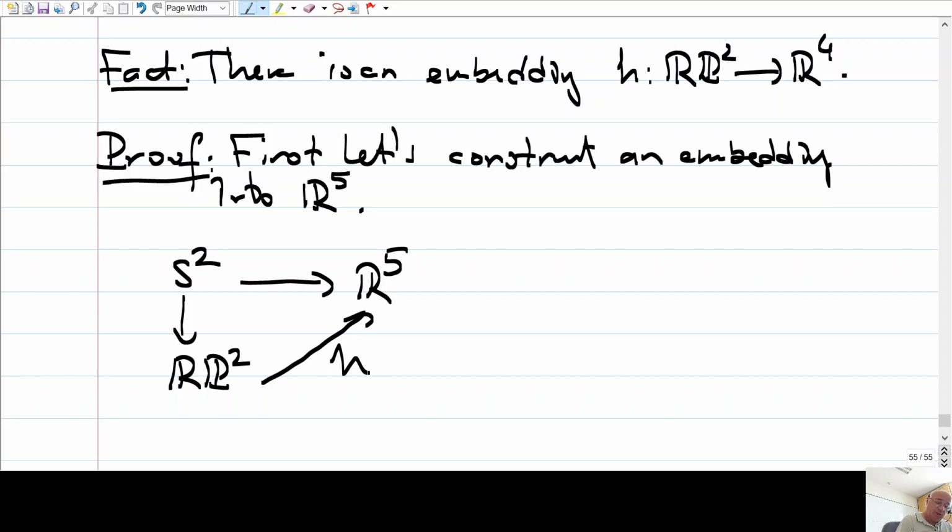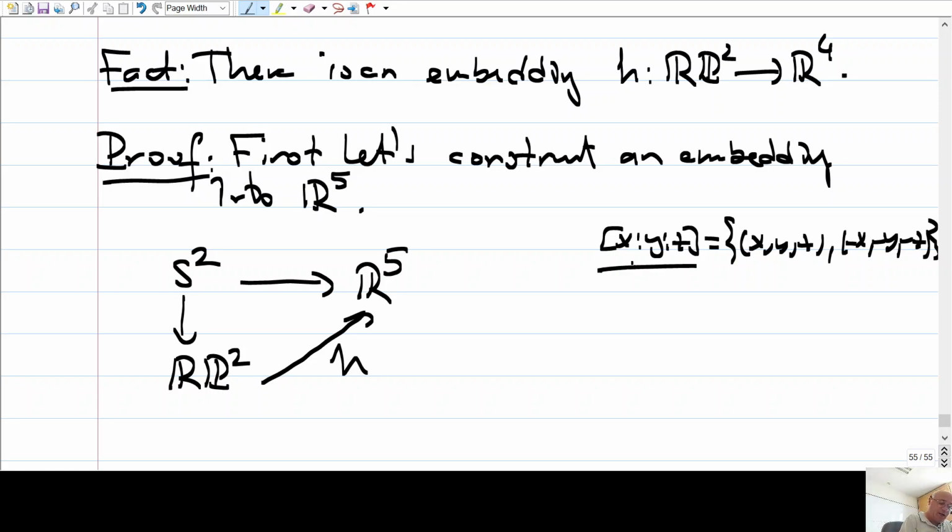Well, this map should satisfy what? This map should be constant on the, okay, let's say equivalence class of this relation. So R denoted like this. So this is x, y, z, and minus x, minus y, minus z. Okay, so these are so-called homogeneous coordinates.